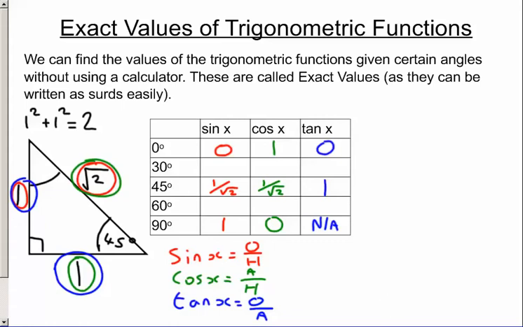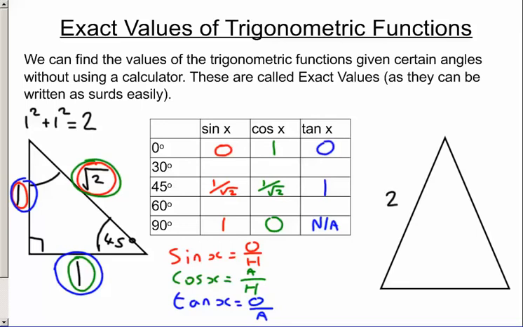Our second triangle is an equilateral triangle. So we're going to draw an equilateral triangle on the other side here. And in our equilateral triangle, we know that all the angles are 60. And we're going to say that the side lengths are 2. So side length is 2.